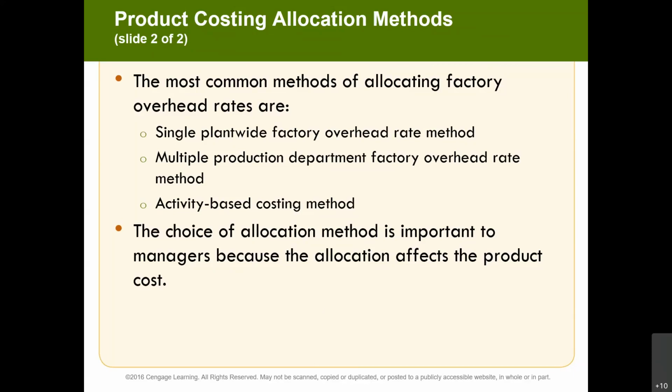Now, companies, especially production companies, need to make a selection of which allocation method they're going to use, because this information will affect the total product cost based off of how we allocate our overhead. And so management needs to understand this concept because this has a significant impact on the total product cost.